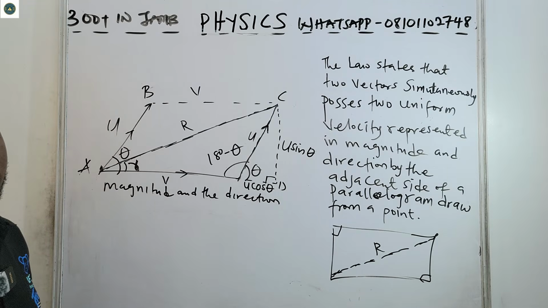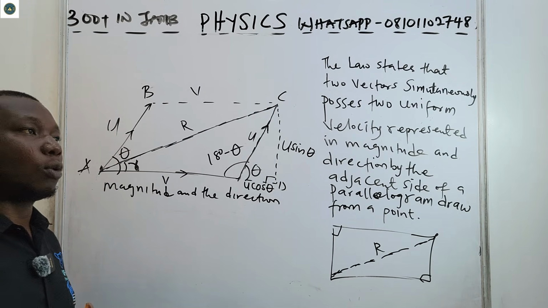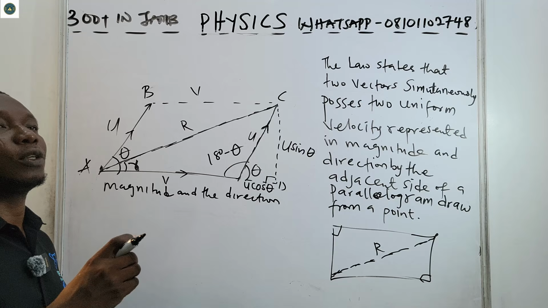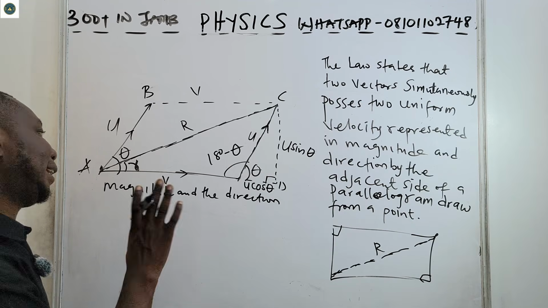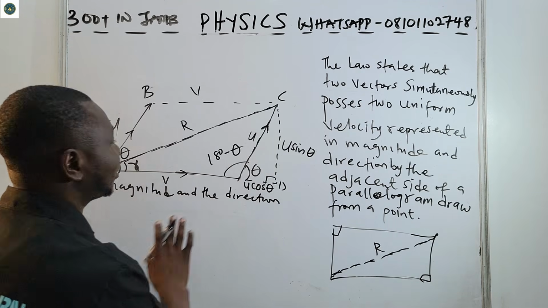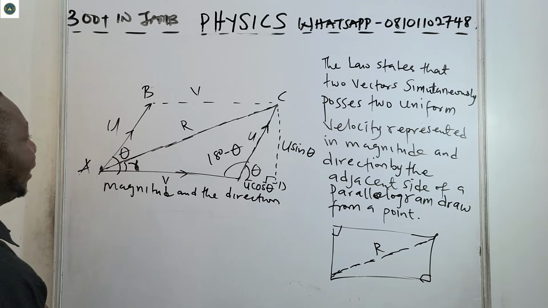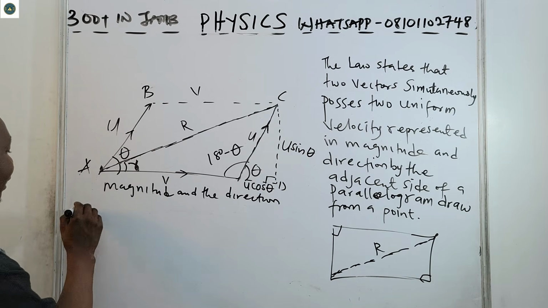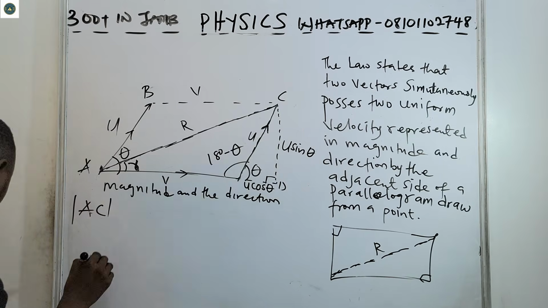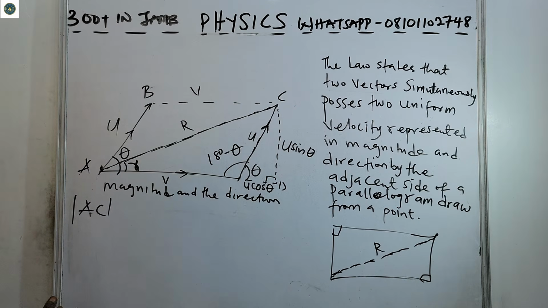You employ the cosine rule when the triangle is not a right angle, mostly a scalene triangle. Scalene means the three sides of the triangle are not equal. So definitely, my resultant is AC.